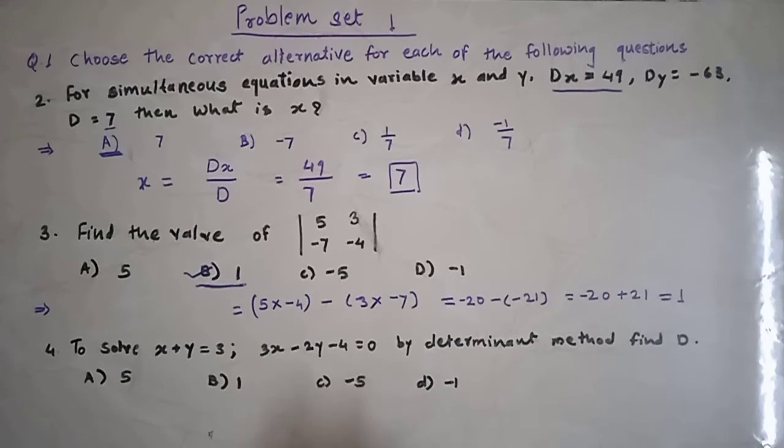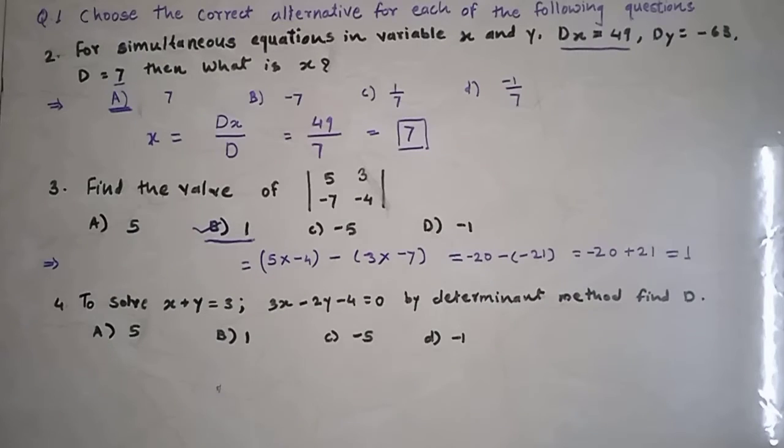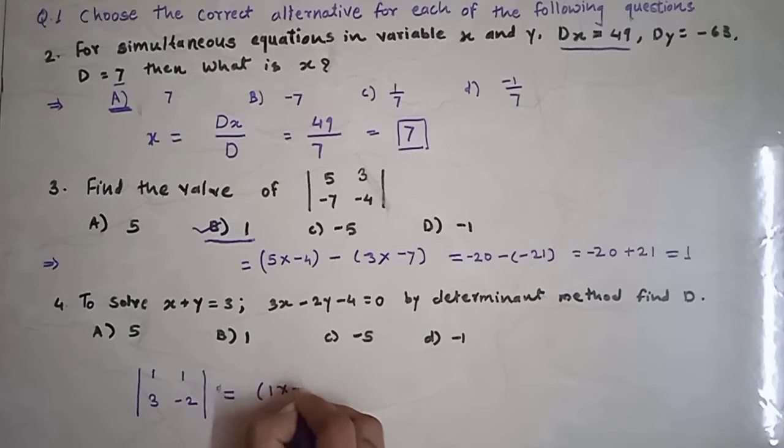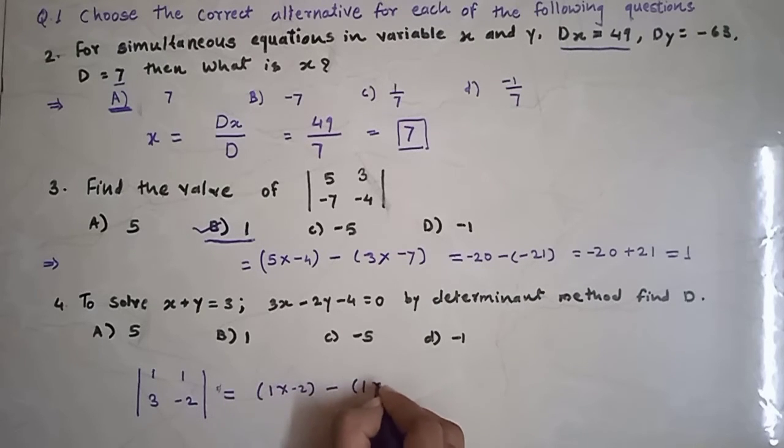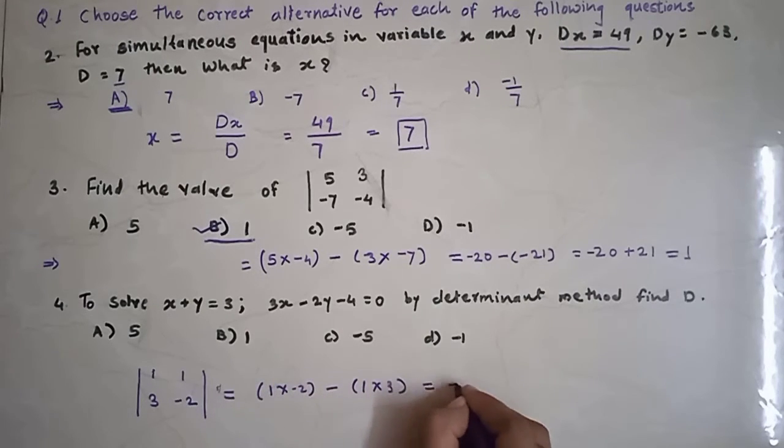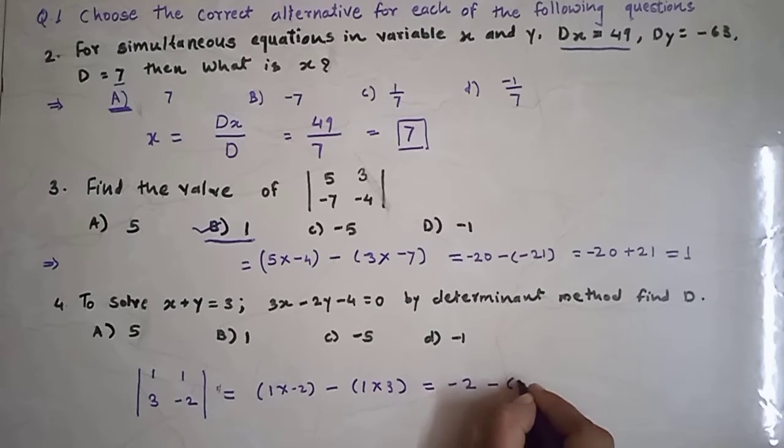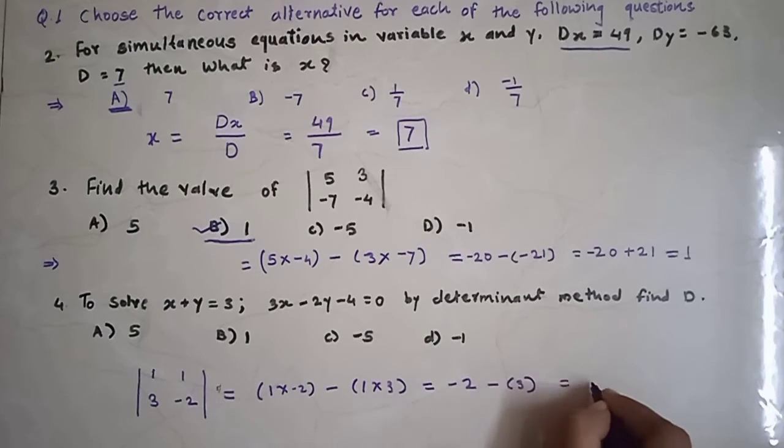So write down here D is equal to a1 a2 is 1 and 3, and b1 b2 is 1 and minus 2. So find out the values taking the cross multiplication. So minus 2 minus 3. So we get the answer minus 5, and option C is the correct one.